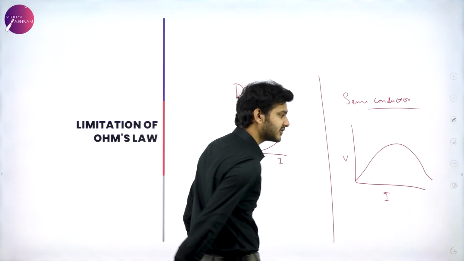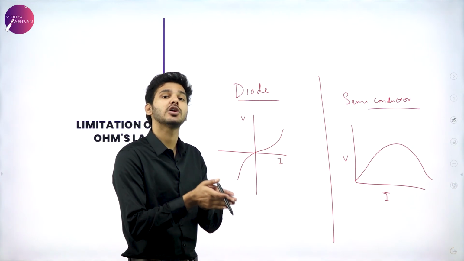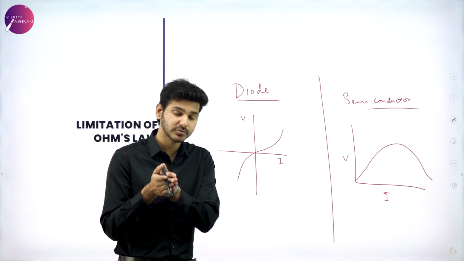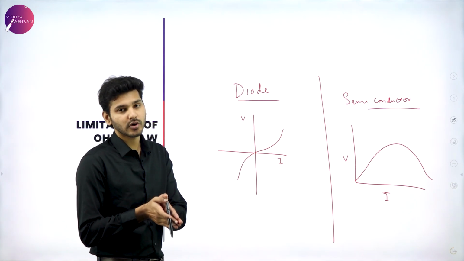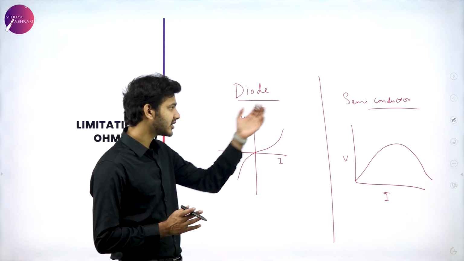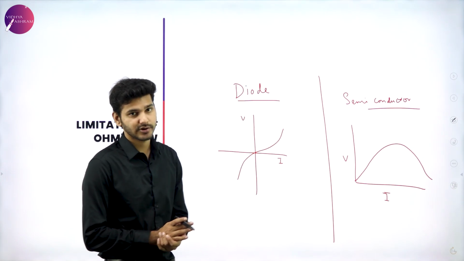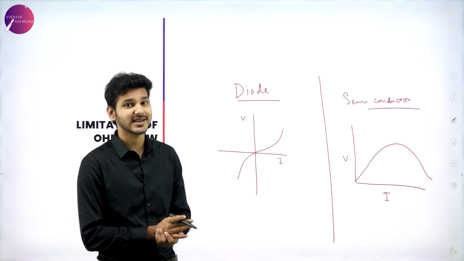So this will be the nature of the graph for a semiconductor. These two graphs are important because they can ask you about the nature of the graph for a semiconducting material or for a diode. So just remember the nature of the graphs.